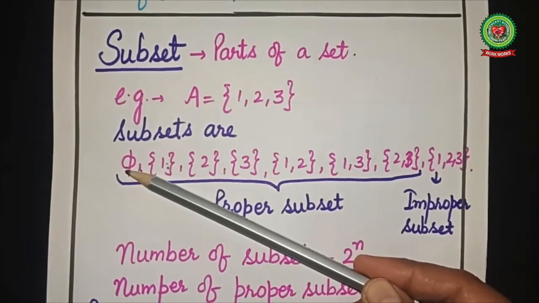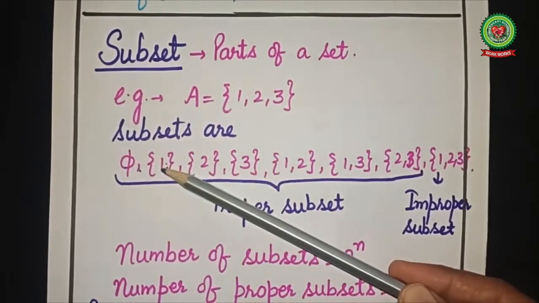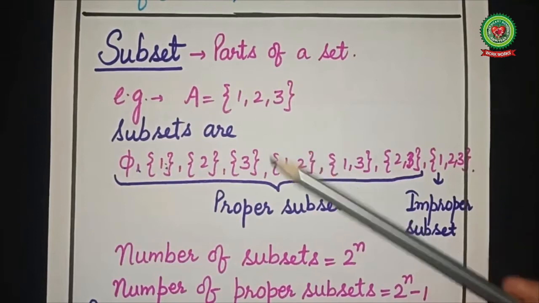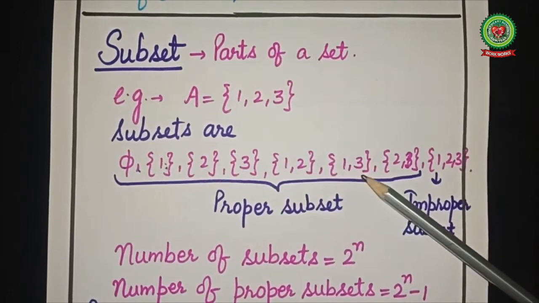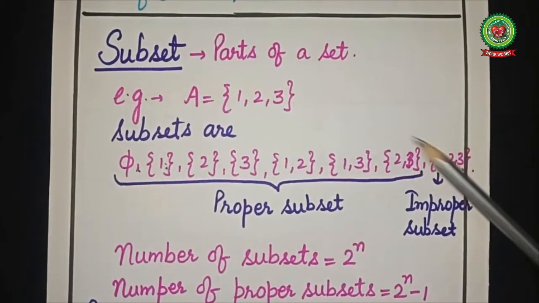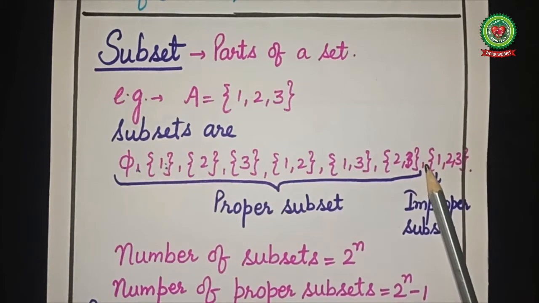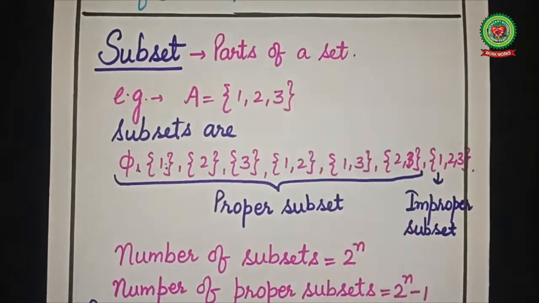So, first is phi, then {1}, {2}, {3}. Then we have to combine two elements, that is {1, 2}, {1, 3}, {2, 3}. And last one, we will write all the elements, that is {1, 2, 3}.